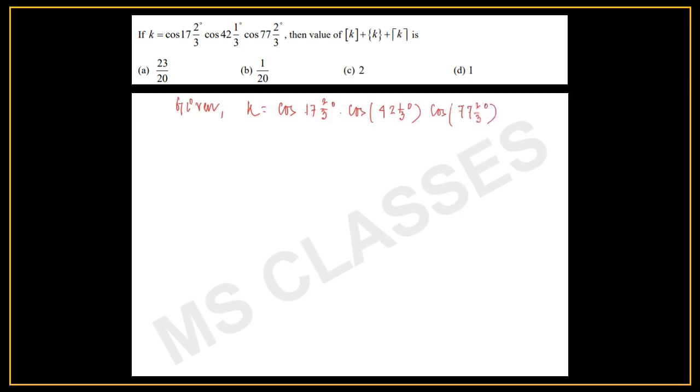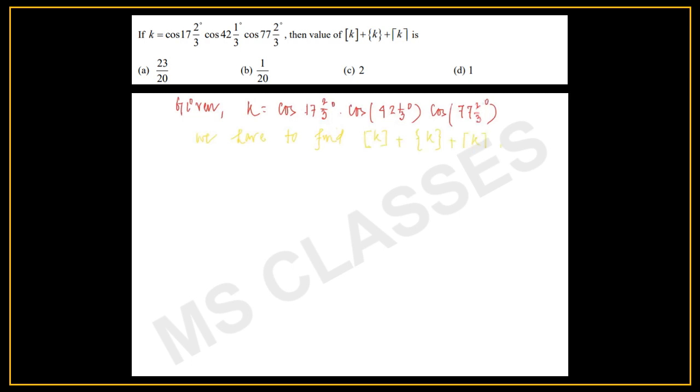So this is given as k, and we have to find here floor of k plus fractional part of k plus ceiling of k.